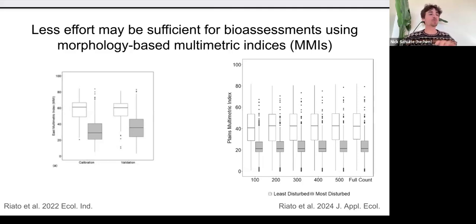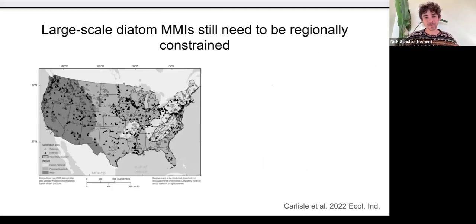So less effort, which helps for morphology-based work for sure, but also might allow for increased utility of DNA metabarcoding, where taxonomic resolution might be limited because of reference databases. This might allow more plug and play of metabarcoding into existing tools.